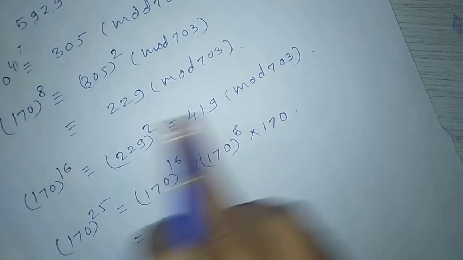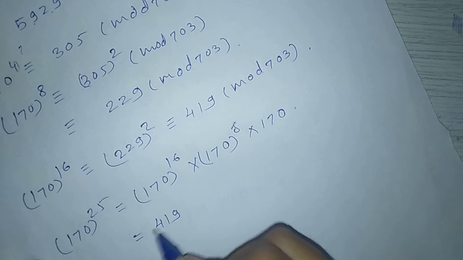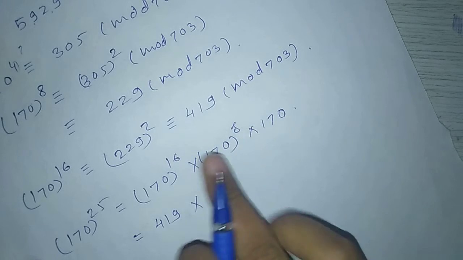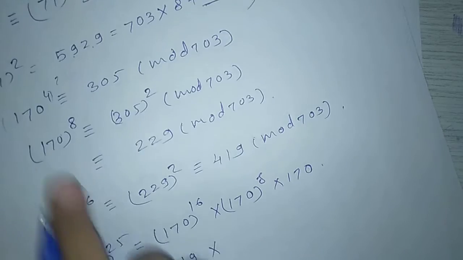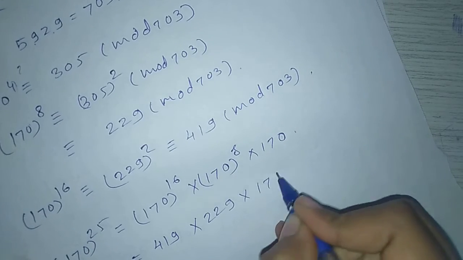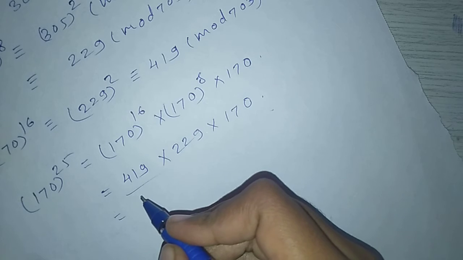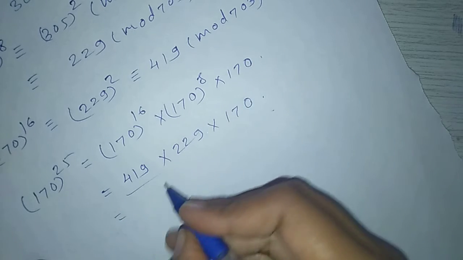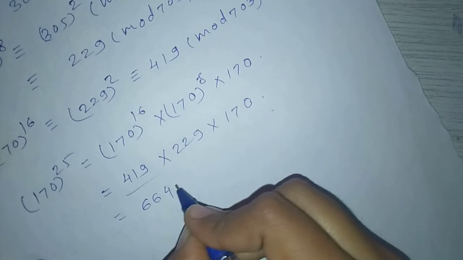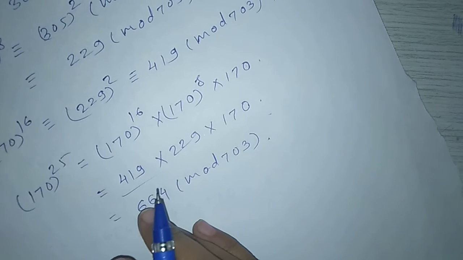So 419 into 229 into 170. Now calculate this term under modulo 703, we get 664 under modulo 703.